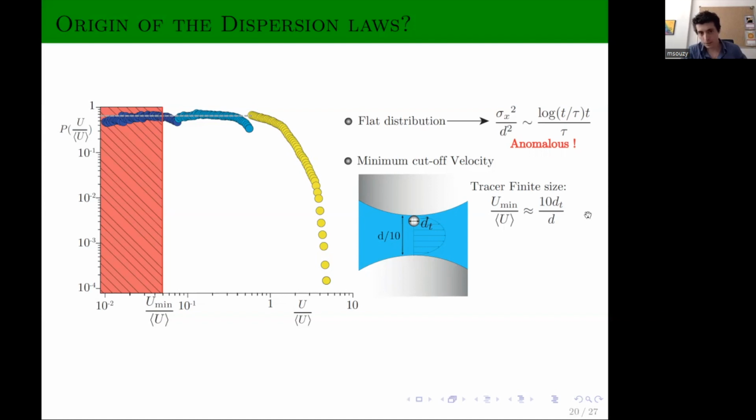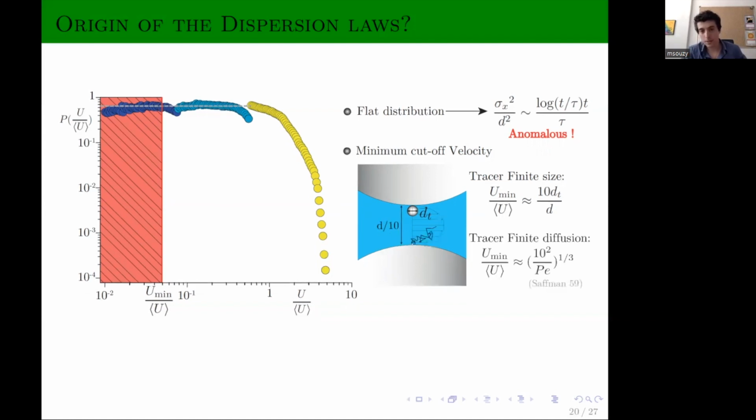And if your tracers are even smaller, then they become so small that they are themselves subject to thermal agitation. Therefore, it also sets a minimum cutoff velocity, which will never allow you to explore these very low velocities of the fluid.